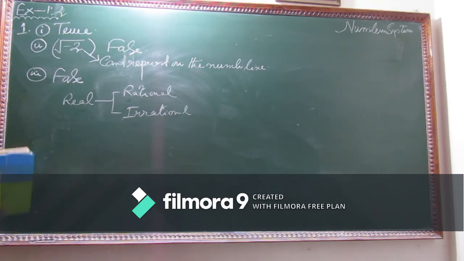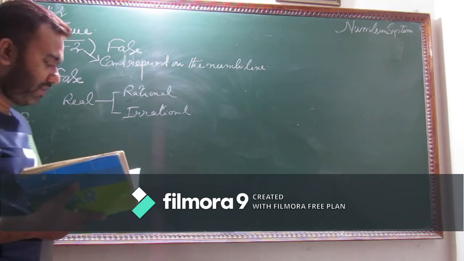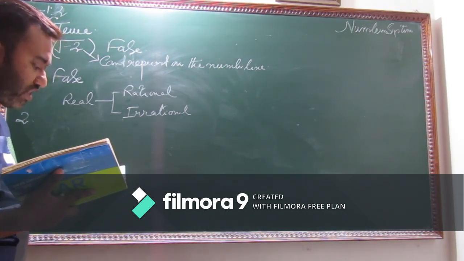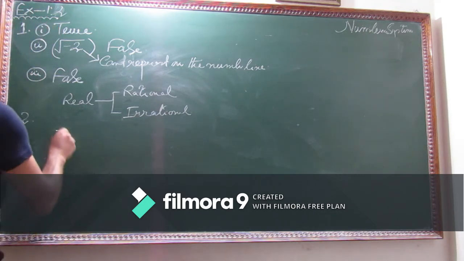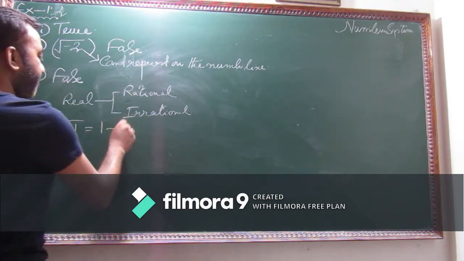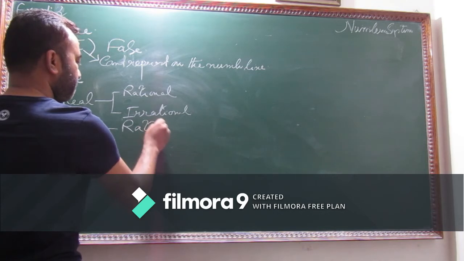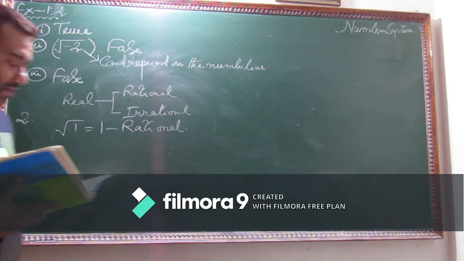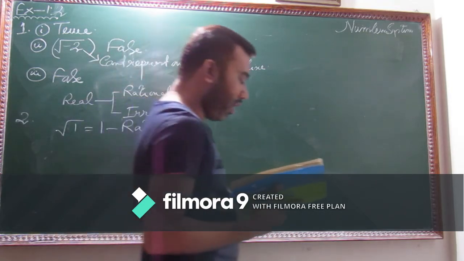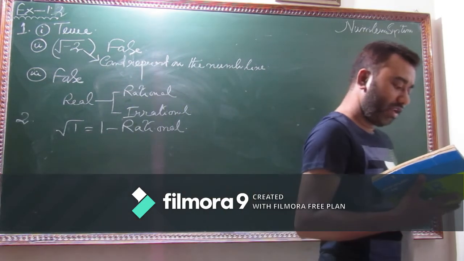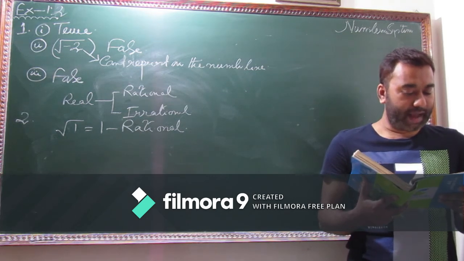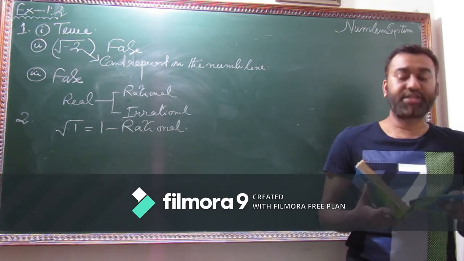Now I am going to start the second question. What did they say in the second question? Are the square roots of all positive integers irrational? If not, give an example of the square root of a number that is a rational number.